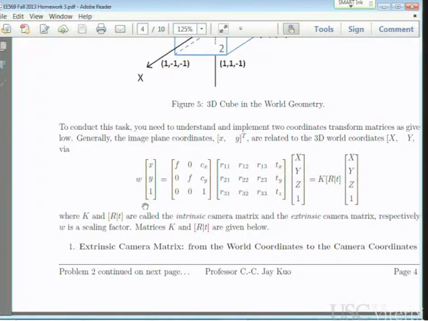So let me show you how the augmentation works. I think probably the easiest way is to add the constraint like x equal 1, or y equal 1, or z equal 1 as a third equation. Okay, third equation. So the equation you can add is 1, 0, 0, 0.